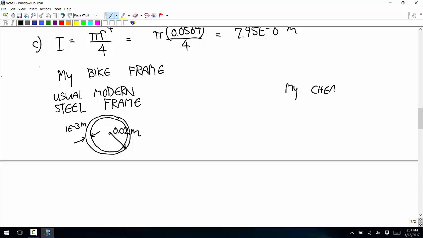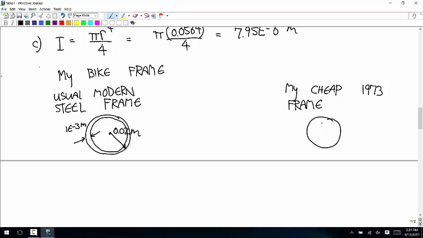But I have this bike that I really like, even though it was cheap in 1973. My cheap 1973 frame has tubes like this.